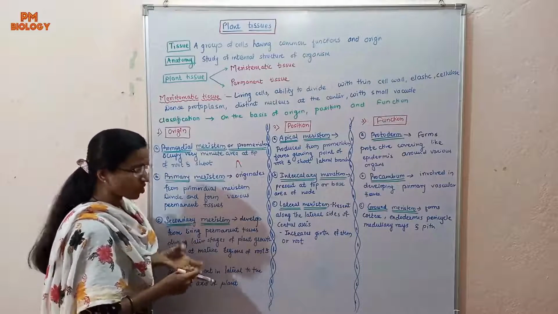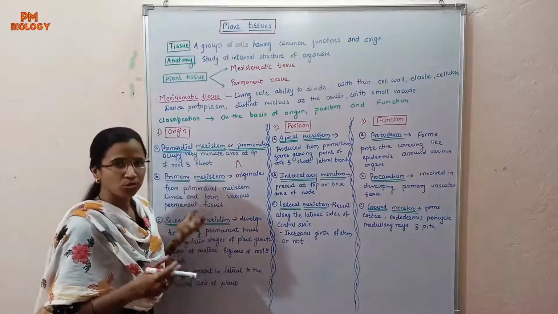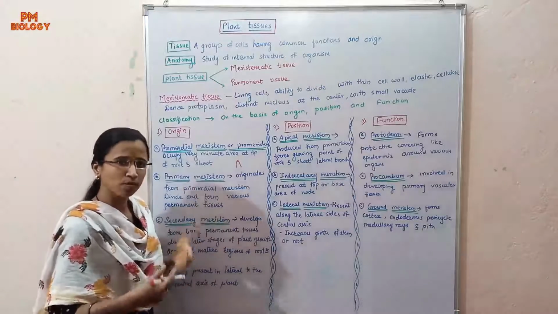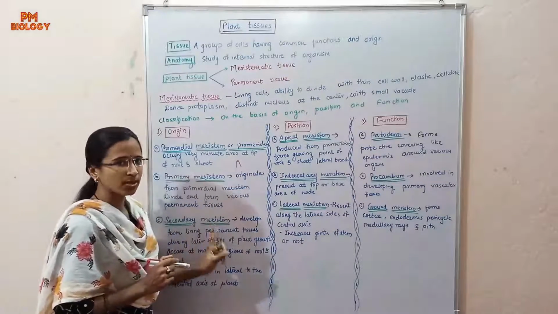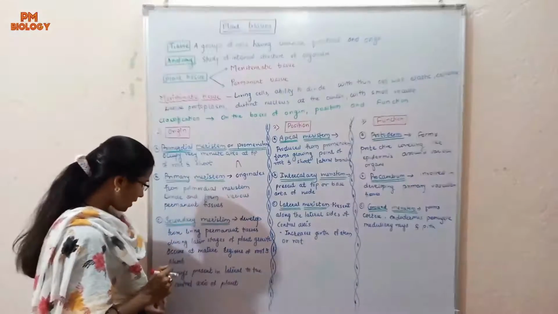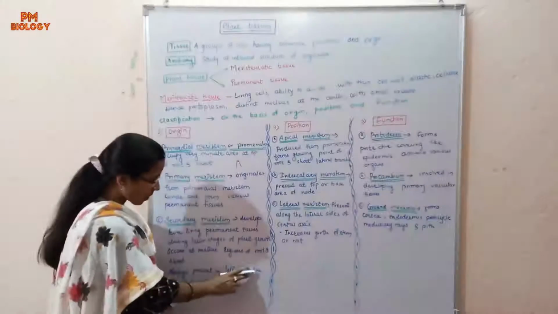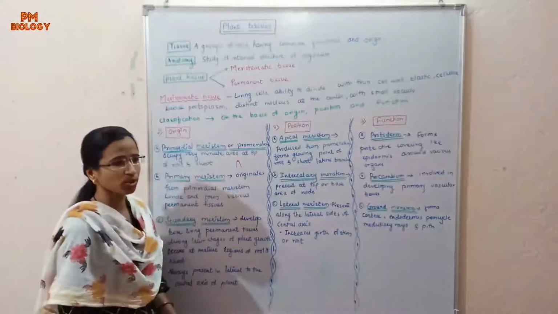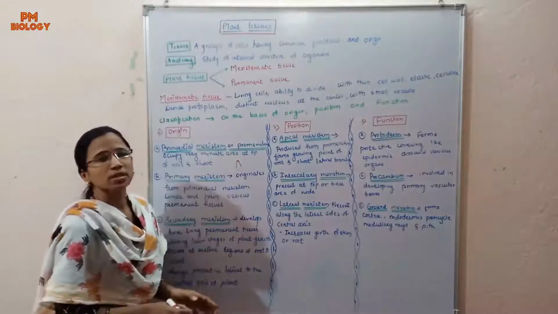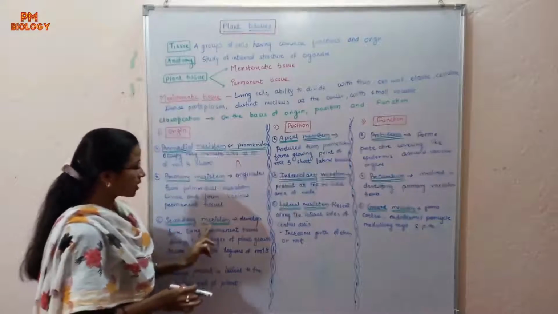Wherever the mature regions are found, you will find the type of meristem called secondary meristem. And they are always present lateral to the central axis of the plant.